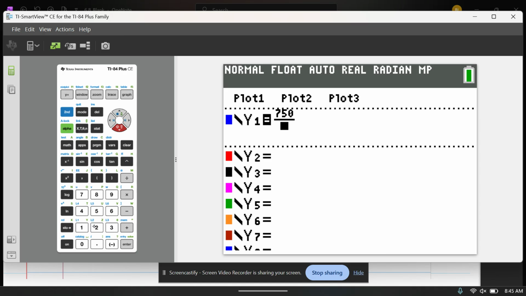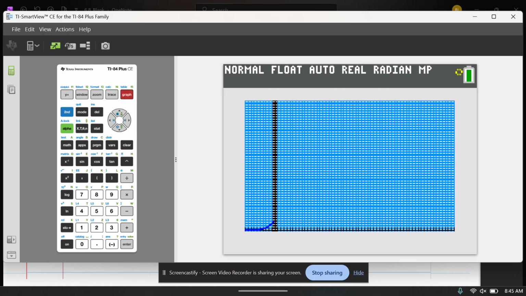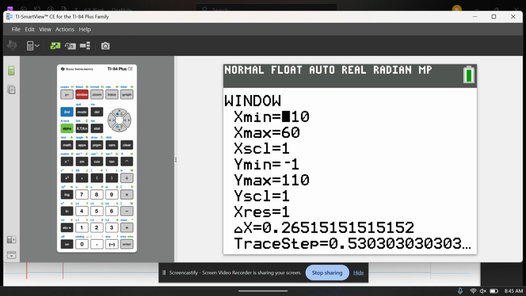And then we'll do 1 plus 74 e to the negative 0.526, and then instead of T, you're doing X. Now, when I graph that, that's probably not the best of window ranges to help me there. So I'm going to hit window and adjust my window.